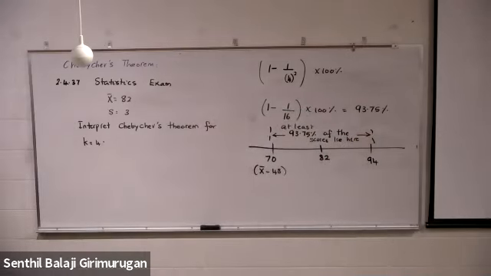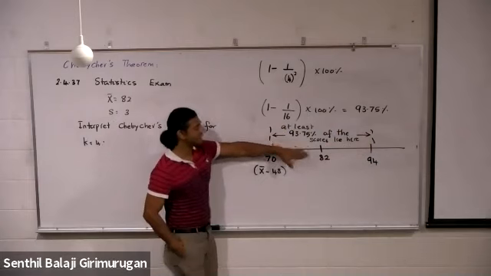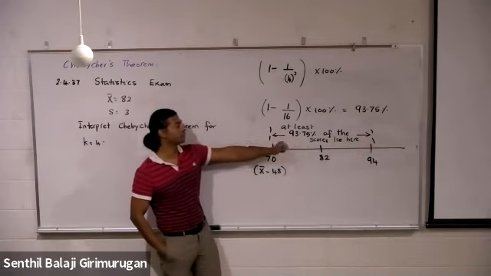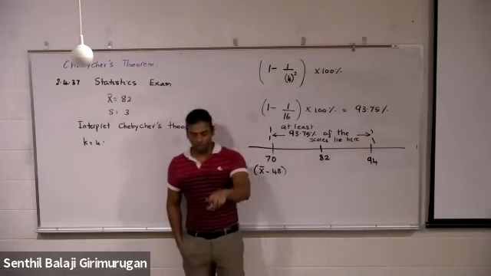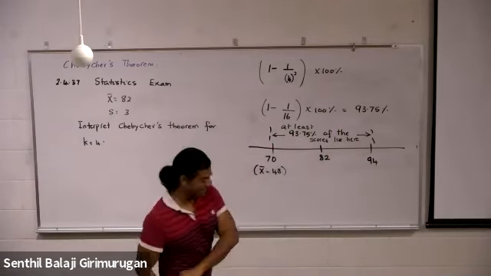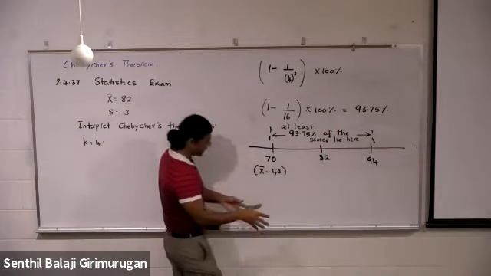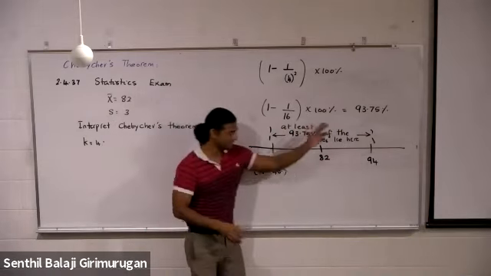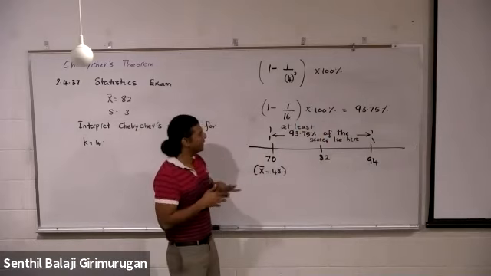within 70 and 94, at least 93.75% of the scores will be hit. So if 100 students took the exam, how many of them would have a score between 70 and 94? 93.75.